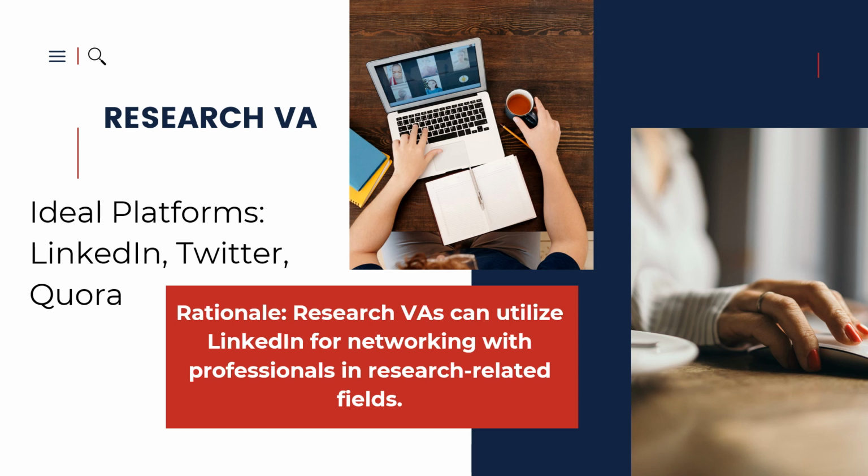So that depends. If I were to apply for research VA in Quora, I can answer questions or provide tips and insights on LinkedIn and Twitter on, let's say, a specific software development, when I want to catch the eye of clients or employers working in the IT industry.